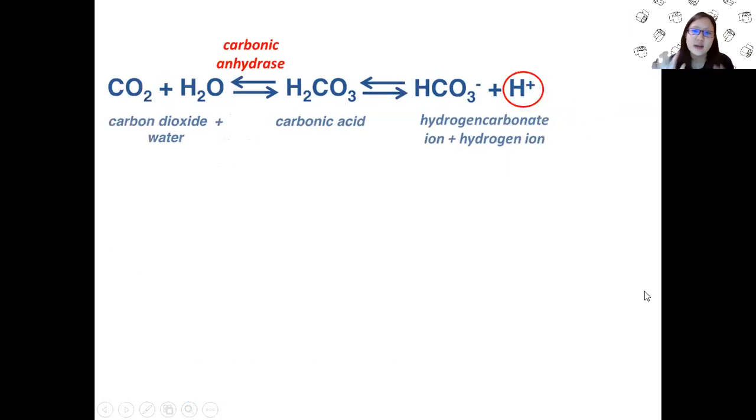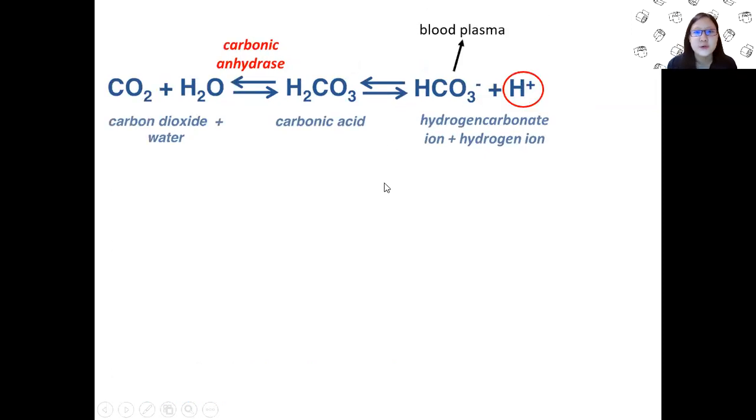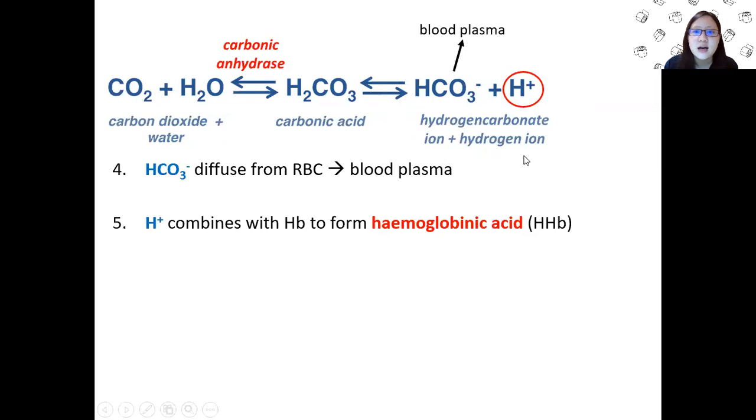Now, but they don't stay that way. Something happens to the hydrogen carbonate ion and something happens to the hydrogen ion. We haven't answered the question, how does it affect the affinity yet. So here we go. The hydrogen carbonate ion, HCO3 minus, diffuses from the red blood cells and goes into the blood plasma. So it comes out of the cell, hangs out in the plasma, still in the vessels though, and gets transported to the lungs via the vessels.